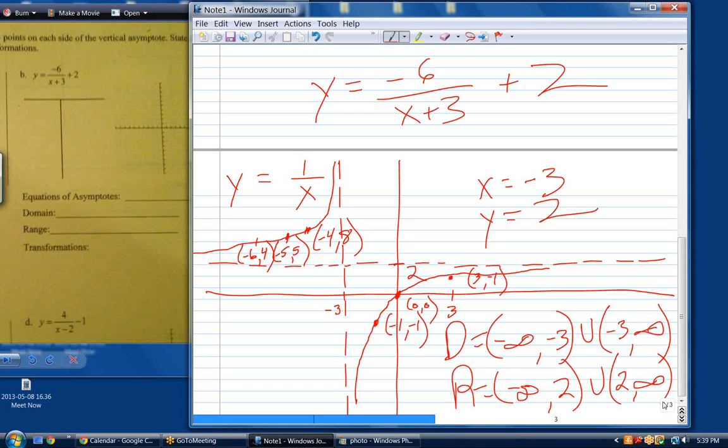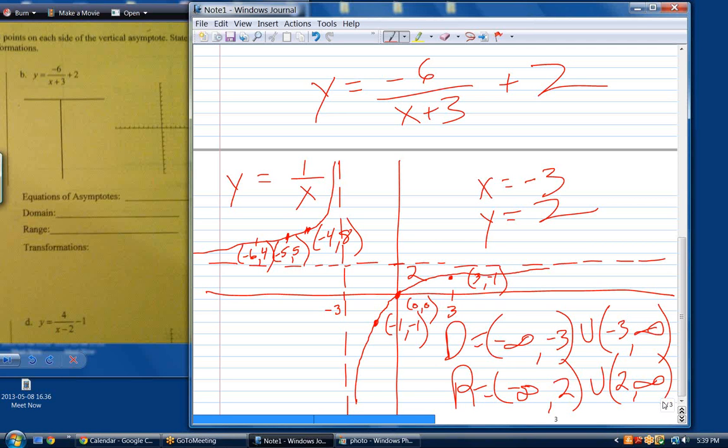We've actually got 3 things going on here. We've got a horizontal shift, a vertical shift, and a vertical stretch. So the vertical shift is up 2. And the horizontal shift is left 3. And then a vertical stretch of 6.